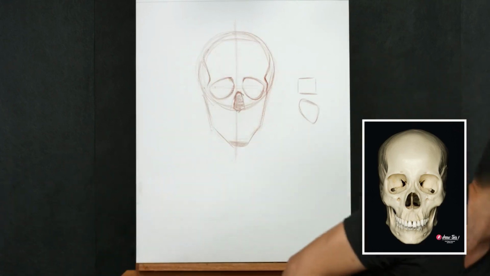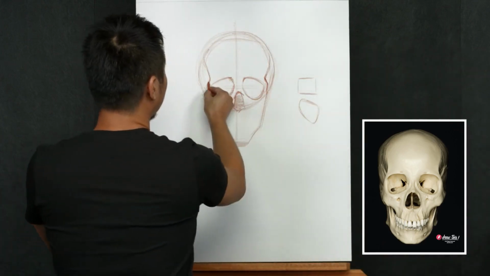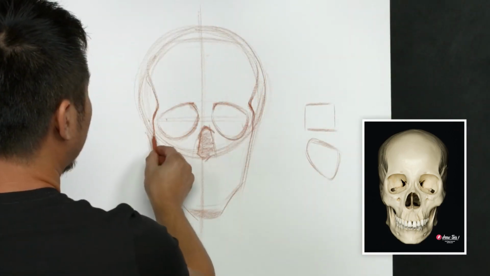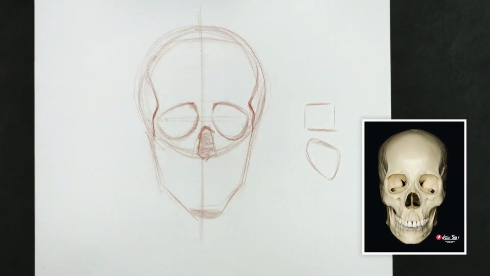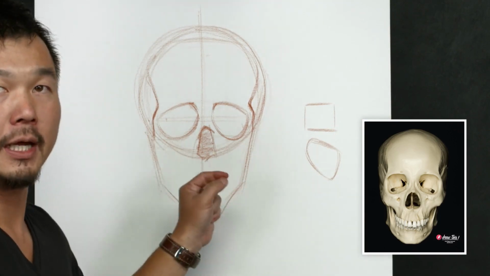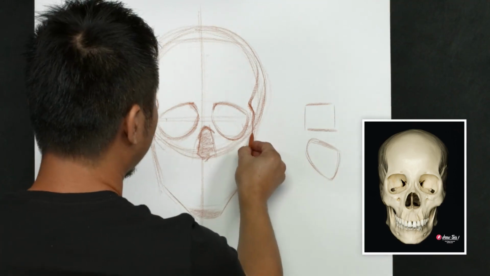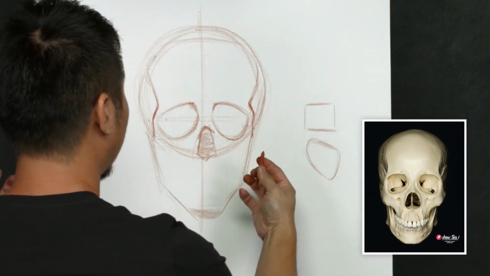So this comes down to the side, this becomes the front line, and it extends all the way down to the bottom of the eye socket. In other words, the bottom of the eye socket lines up with the top of the cheekbones. Right here it's going to hug around our cranium.